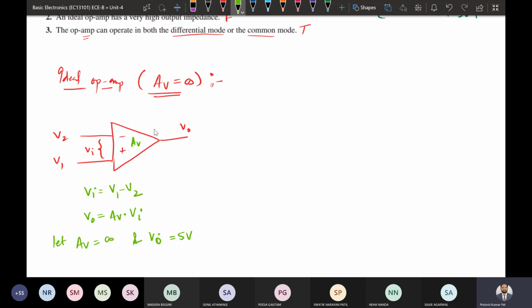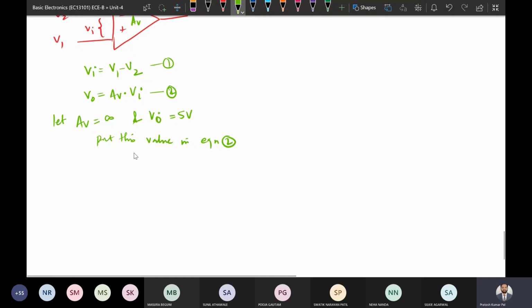If we want to find the input voltage, by putting these two values into this relation, call this equation 1 and this equation 2, we can get the relation. V output is 5 volt and AV is infinity.